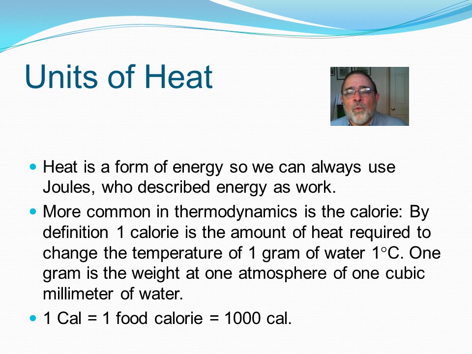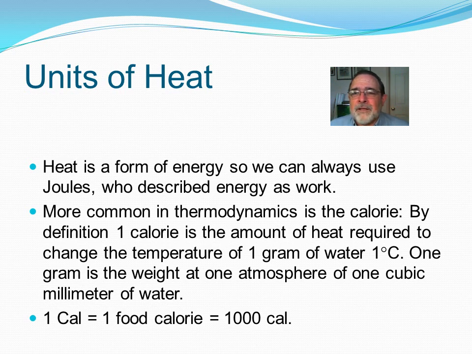By definition, 1 calorie is the amount of heat required to change the temperature of 1 gram of water by 1 degree Celsius. Now look on your screen, realize that a gram of water is about that which would fill that 0 degrees Celsius degree indicator.